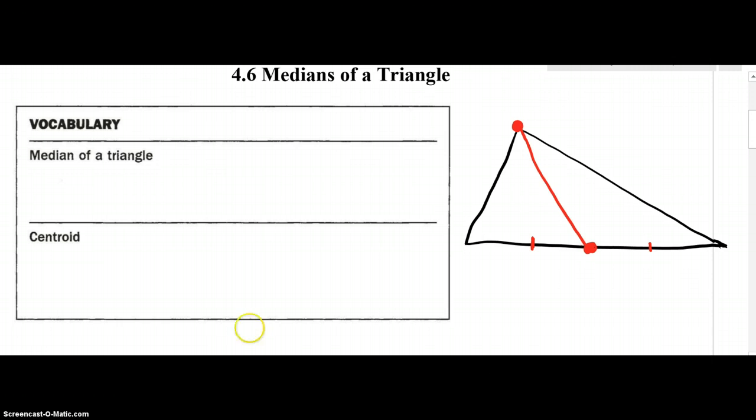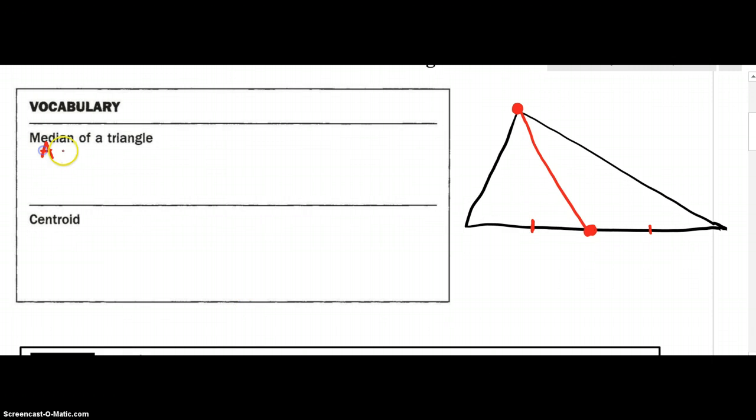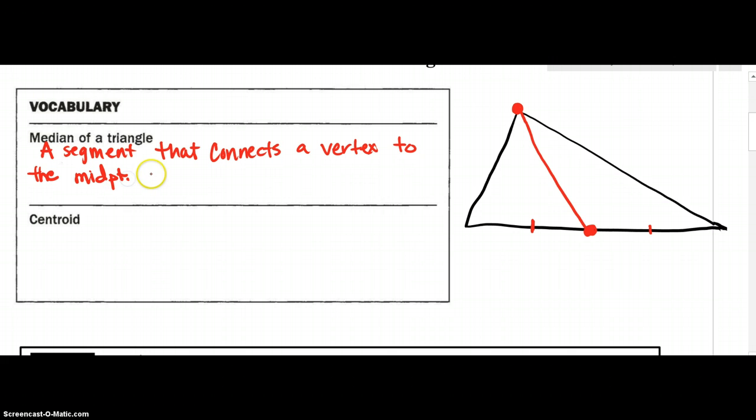So, a median of a triangle is just a segment that connects a vertex to the midpoint of a side. And specifically, it's an opposite side or the side across from it.